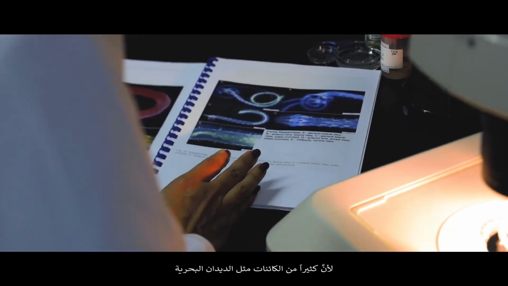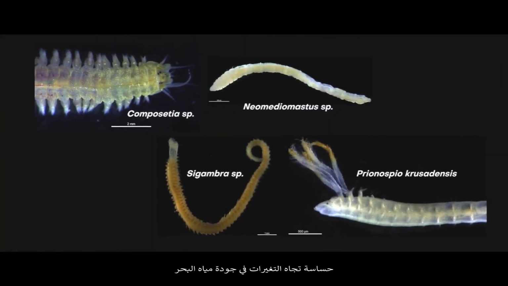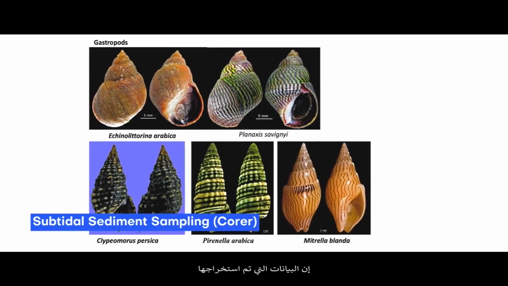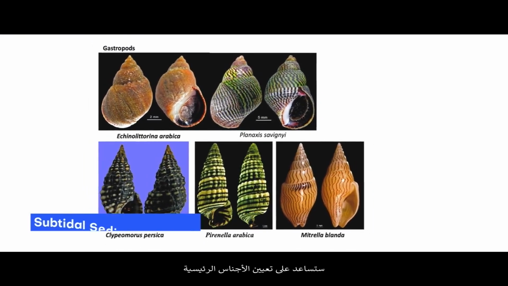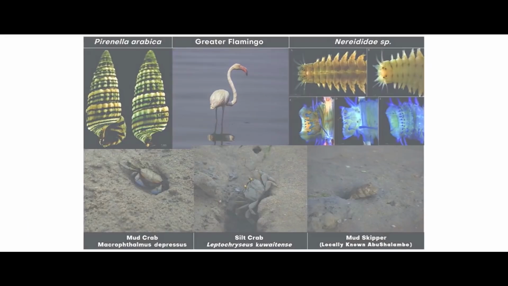Moreover, this data can help to assess the general health of the marine ecosystem, as many species of macrofauna, such as the marine worms, can serve as sensitive monitors of the water quality, and some species can serve as bioindicators of any polluted area, and also some species can be used as an ecological index. The resulting data will also help to identify the main key species that live in the marine protected area.